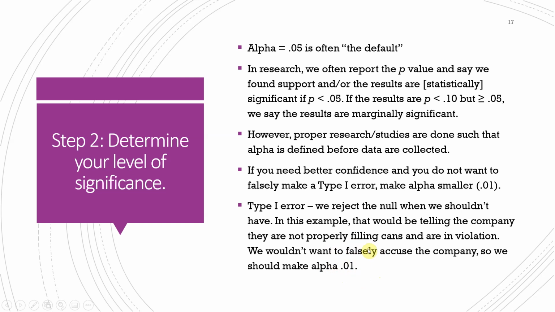We want to be pretty confident because this is a pretty important decision. Some research decisions aren't, or whatever, but in terms of falsely accusing a company of not properly filling their cans, we don't want to do that. So let's set our alpha as 0.01.